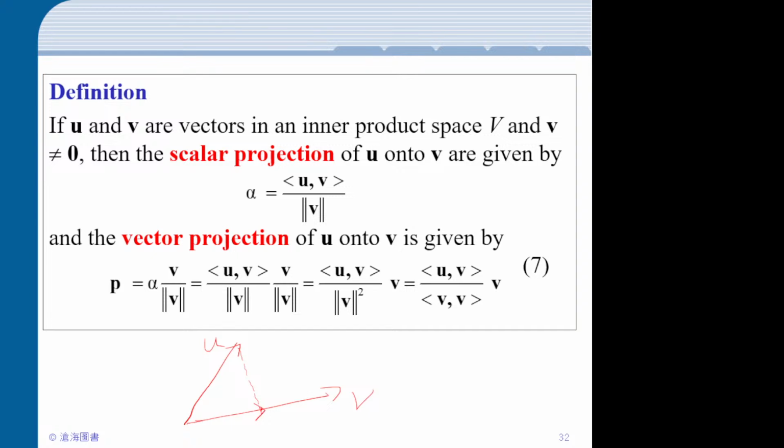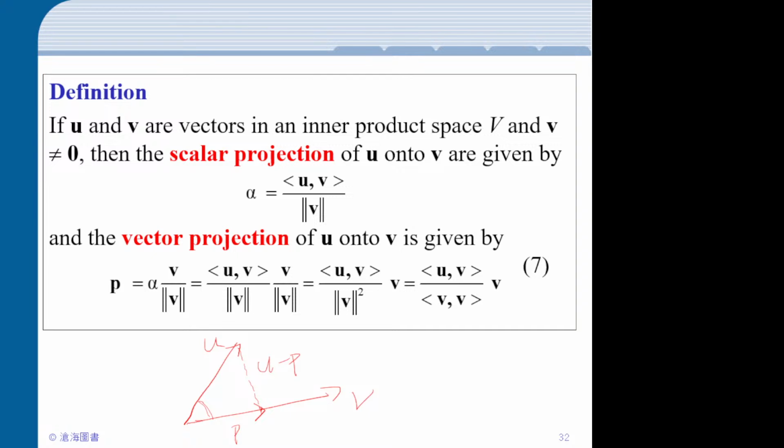We want to say U equals some vector P plus U minus P. So we have the orthogonal projection, and we may think this is a bit weird.